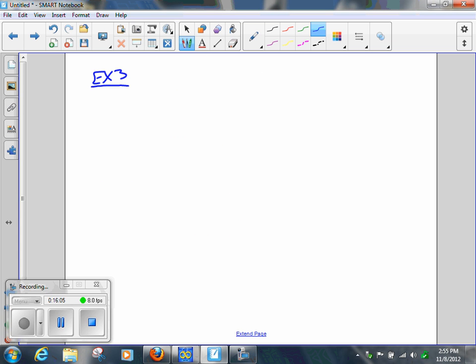Here's this one. Slope is negative 1/3, and the y-intercept is 2. Write that equation.